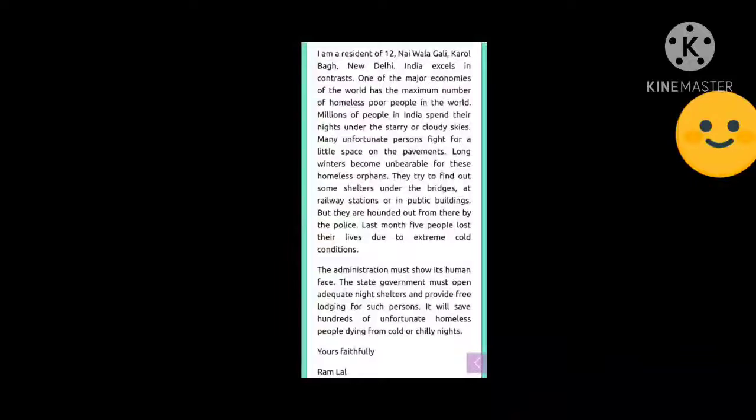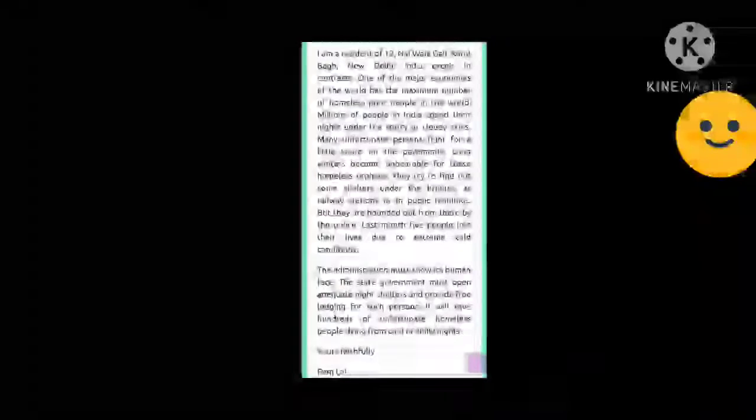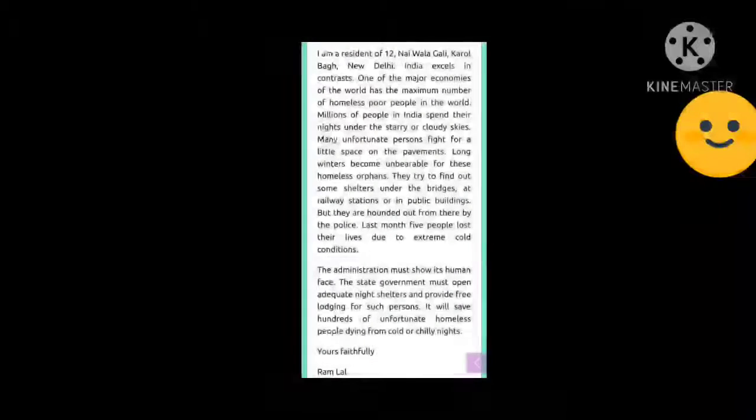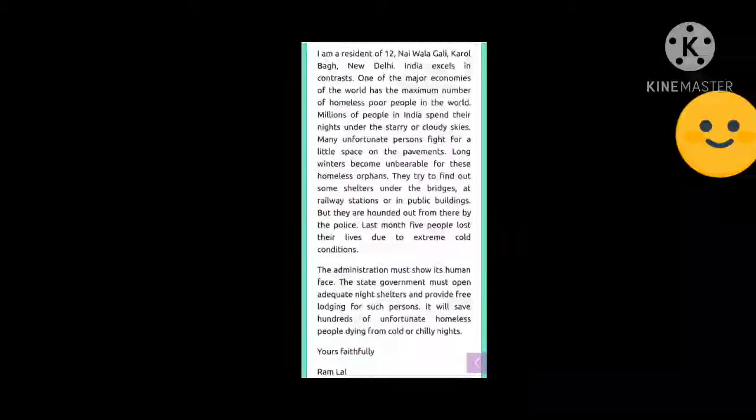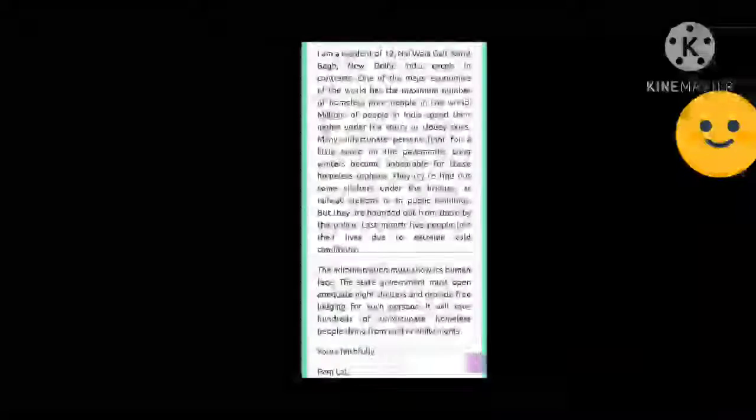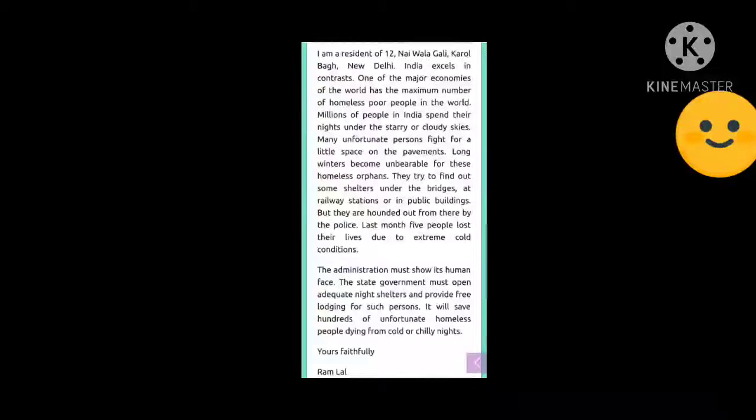I am a resident of 12 Naiwala Gali, Karol Bagh, New Delhi. India excels in contrast, means these kind of problems are more common in India and not anywhere. One of the major economies of the world has the maximum number of homeless poor people in the world.